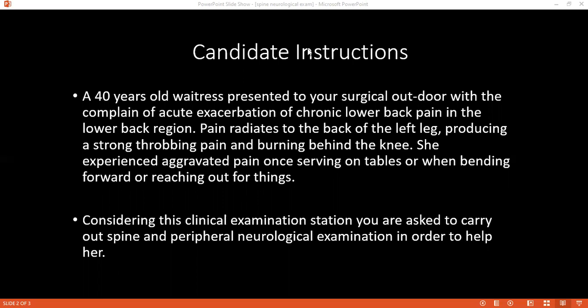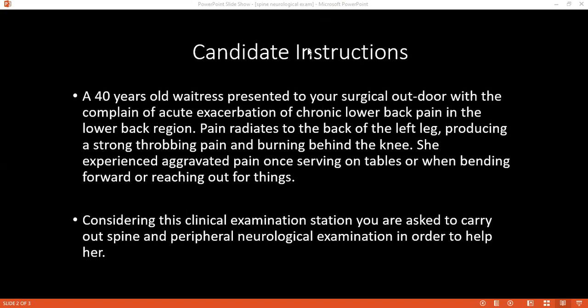Please, can you walk a few steps for me in the room? Thank you. And come back again. I will look first for any abnormal gait, and look at the back for any muscle wasting, any deformity, any scoliosis, any skin changes, any scars.